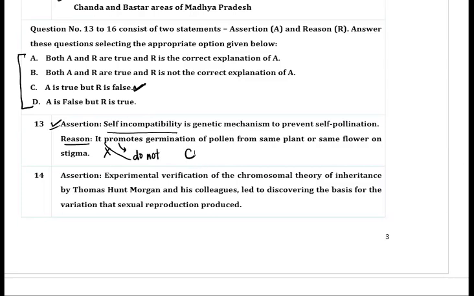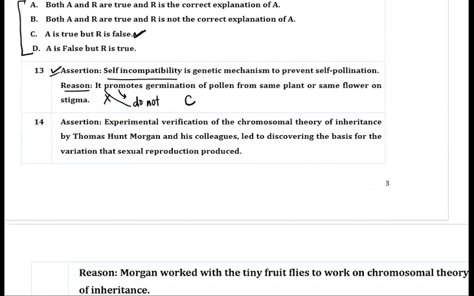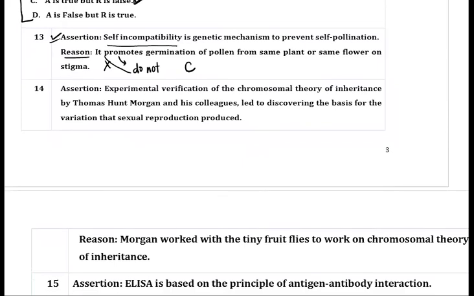Next question. Experimental verification of the chromosomal theory of inheritance by Thomas Morgan and his colleagues led to discovering the basis for the variation that sexual reproduction produces. And the reason is given that Morgan worked with tiny fruit flies to work on the chromosomal theory of inheritance.